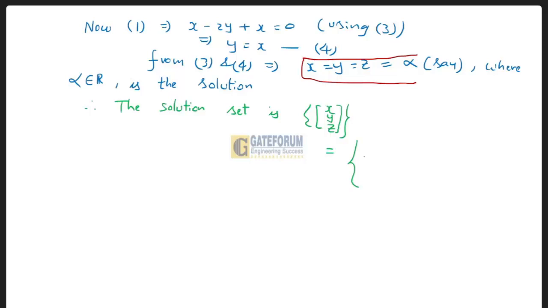I can write this as alpha times the column 1, 1, 1, where alpha is a real number. By giving real numbers one by one, you will get infinitely many non-trivial solutions: alpha 1, alpha 2, alpha 0.1, alpha minus 3. You can take alpha equal to 0 also; 0, 0, 0 is also a solution.